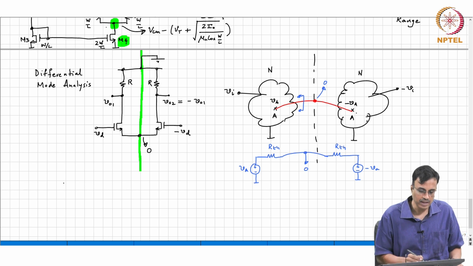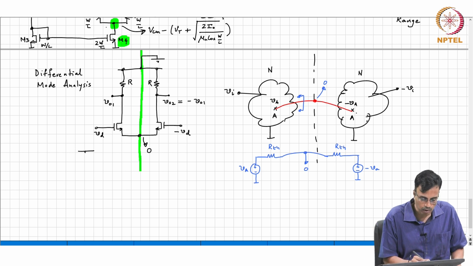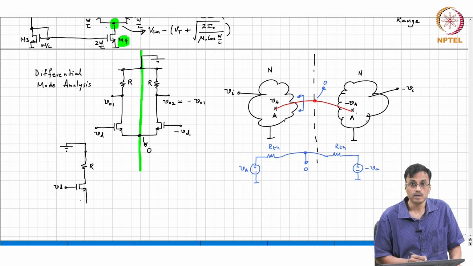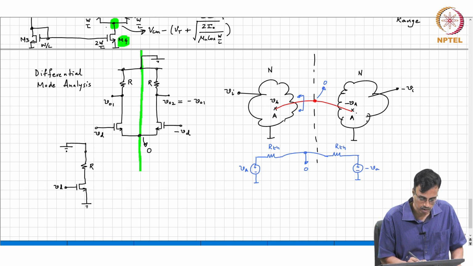So, we can work with half of the entire circuit, and since this half came from differential mode analysis, this is called the differential mode half circuit. What should I do to the source? Therefore, source must be ground.